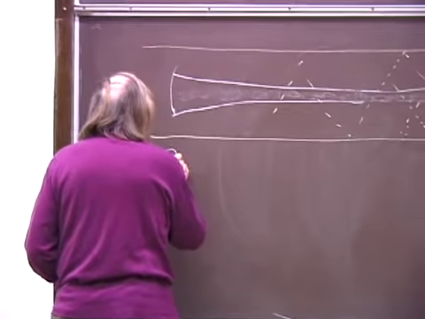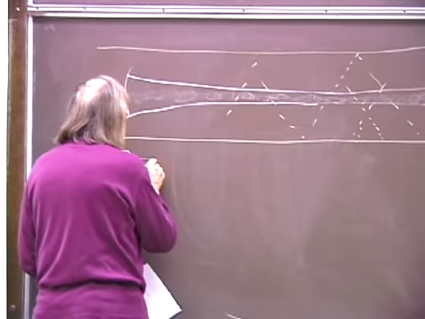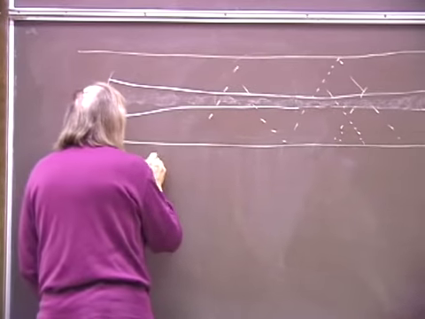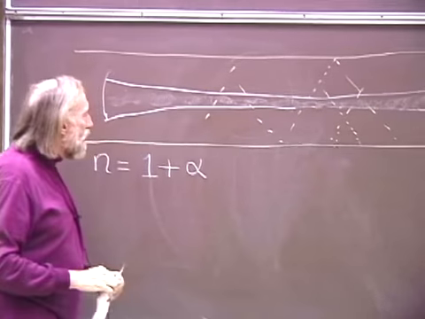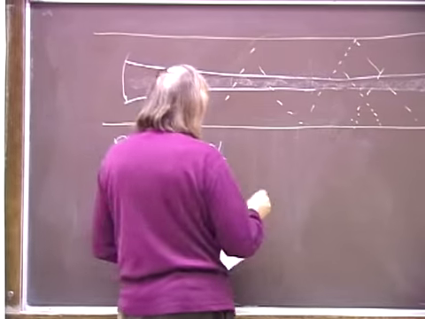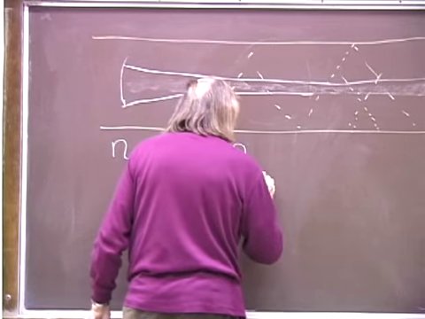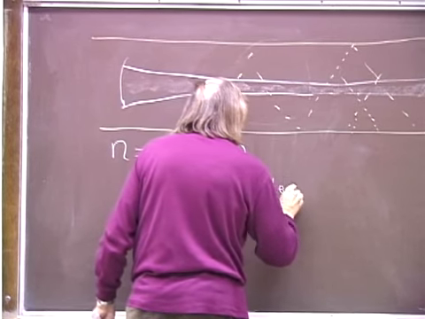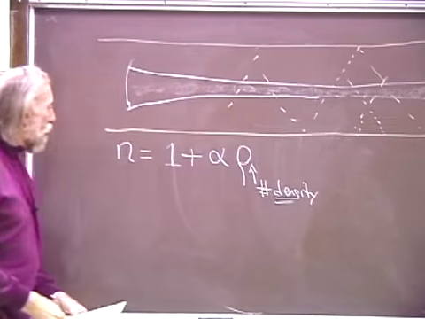The index of refraction produced by the gas is 1 plus some constant, which is called the polarizability of a gas molecule, times the number density rho, that's the number density, not the mass density, of molecules.